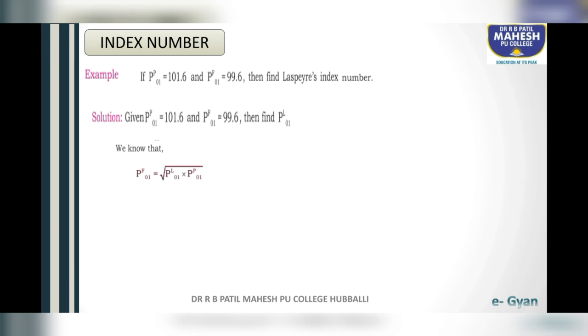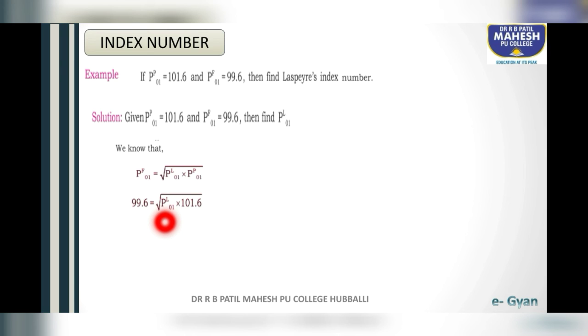We know the formula is P01 of Fisher's is equal to root of P01 of Laspeyres into P01 of Paasche. Substitute P01 of Fisher's, 99.6, and P01 of Paasche, 101.6. P01 of Laspeyres keep as it is, because we have to find it.